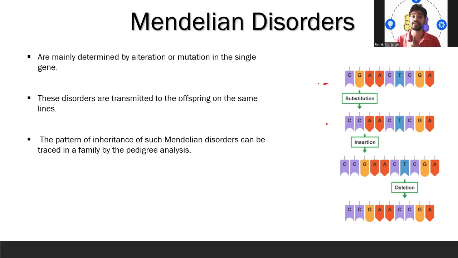In the same way, these disorders which have been created will be transmitted to the offspring on the same line. So the pattern of inheritance of such Mendelian disorders can be tracked in a family by using pedigree analysis. Clear, my friends? So is it really clear to you what exactly a Mendelian disorder is?